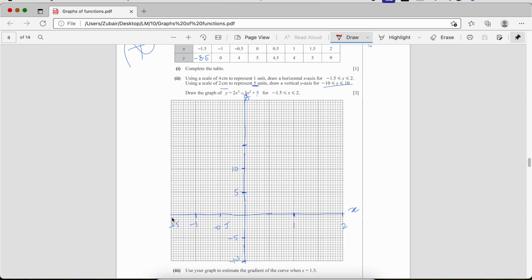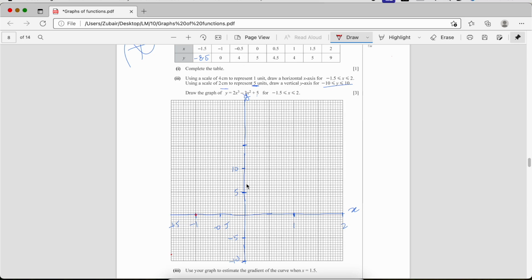Negative 1.5, y is negative 8.5. So that's 5, 6, 7, 8. That's 9, 8, and this is 8.5. At negative 1, it is 0.